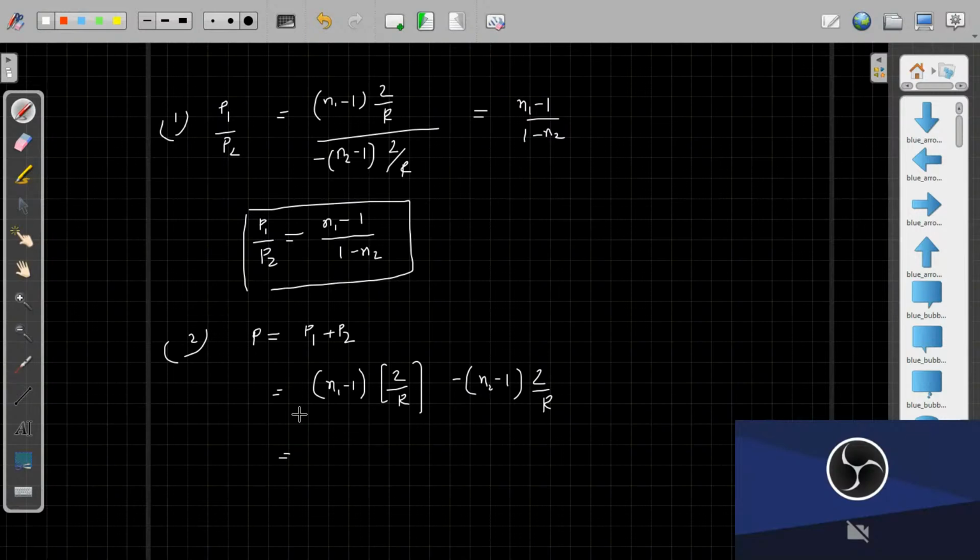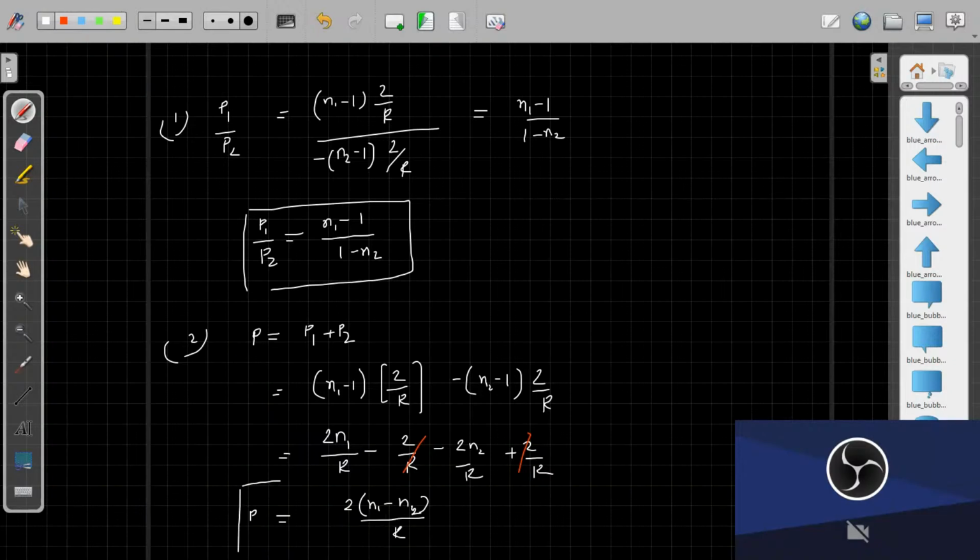If I distribute, we get 2 N1 by R minus 2 by R minus 2 N2 by R plus 2 by R. As you can see, these two get cancelled. So what is left here? I get 2 by R common, and this is 2 into N1 minus N2 by R. That's it. This is the answer to the second one.